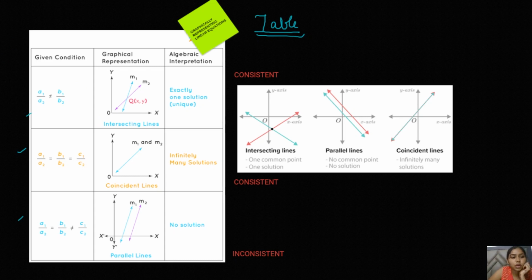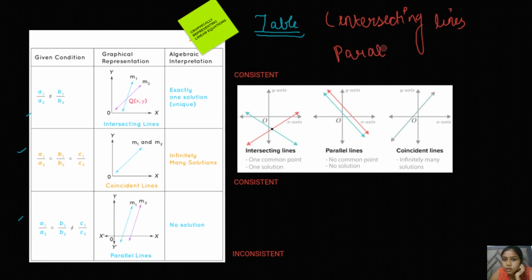If you remember, in the class 9 session we studied lines like intersecting lines, parallel lines, and lines formed by collinear points.